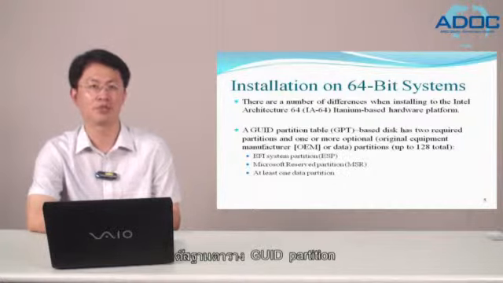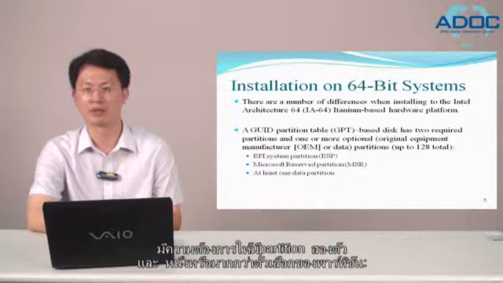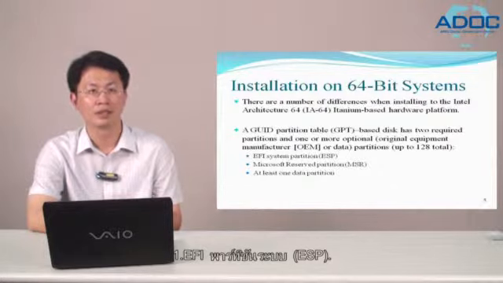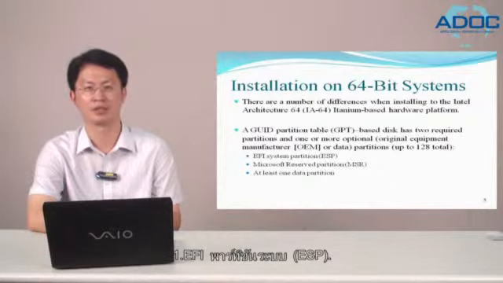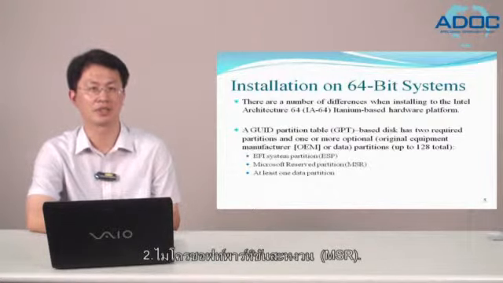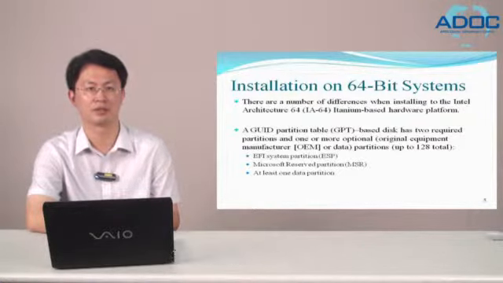A GUID partition table-based disk has two required partitions and one or more optional partitions. The first one, EFI system partition, ESP, the second one, Microsoft Reserved partition, MSR, and the third one, at least one data partition.